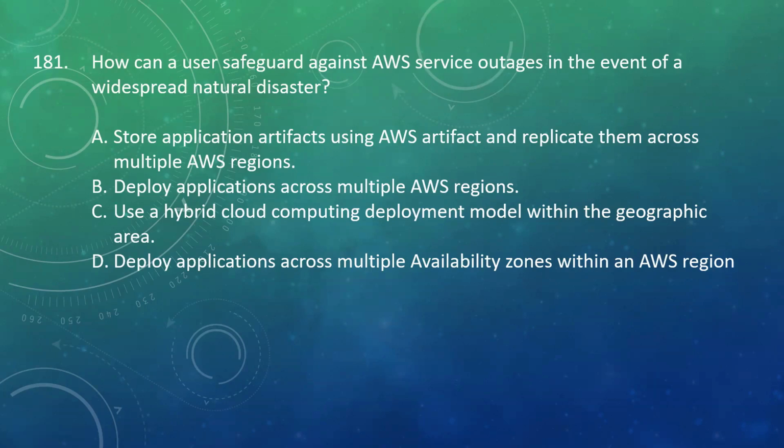To safeguard against AWS service outages in the event of a widespread natural disaster, deploying applications across multiple regions is a recommended strategy. This approach helps distribute the workload and resources across different geographical locations, reducing the impact of a potential service disruption caused by a natural disaster.